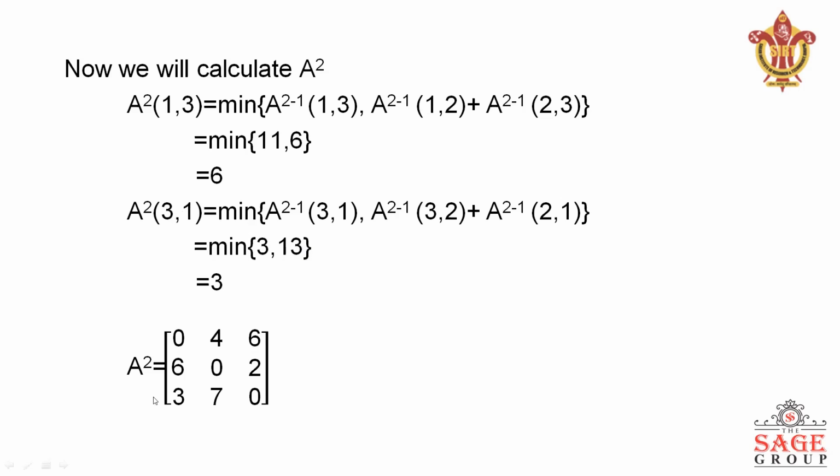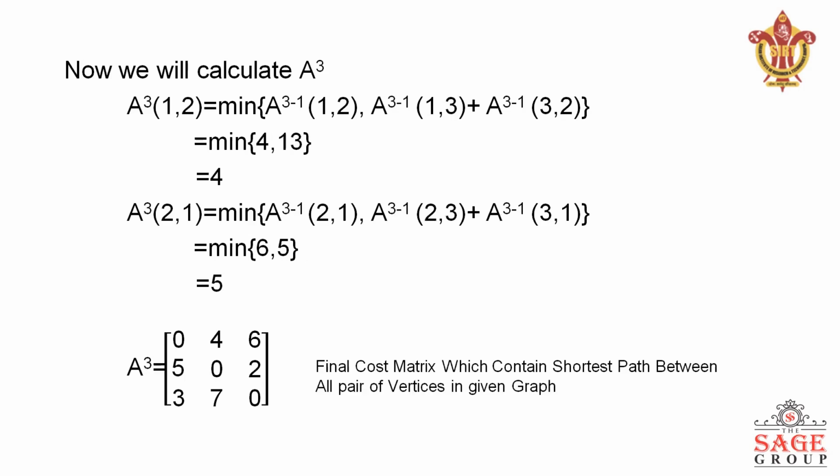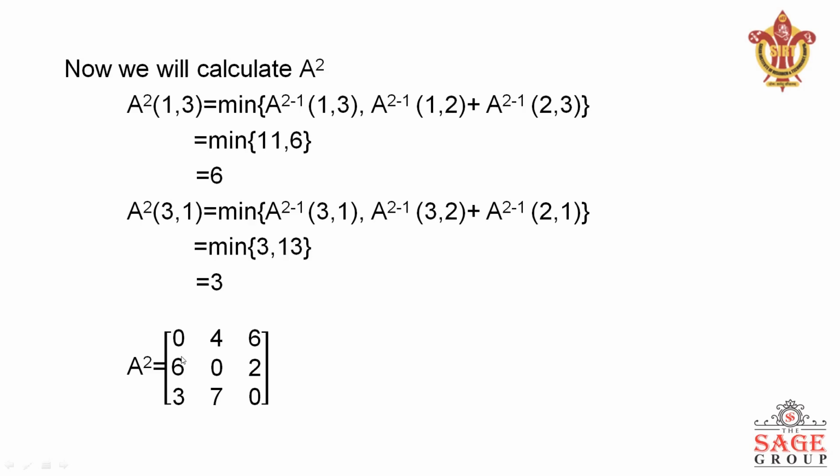Now we again apply the iteration number three, A3, in which the third row and third column are omitted, and we use these four values to find alternate options.